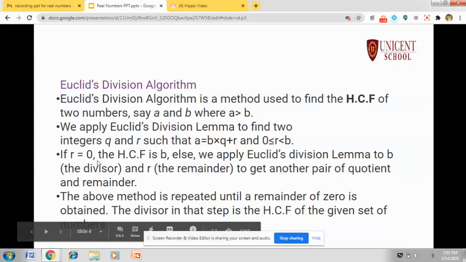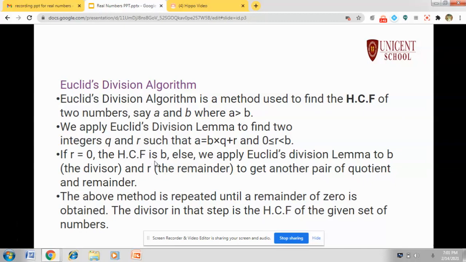If r equals 0, the HCF will directly be b, or else we need to continue. This method is repeated until we get the remainder as 0.